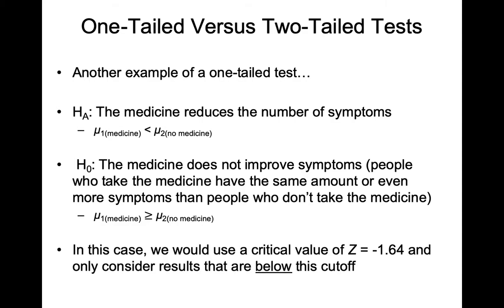In this case, we're going to use a critical value of negative 1.64 and only consider results that are below this cutoff because we're looking for a reduction from average, lower than the mean, less than the mean. And it needs to be less than the mean by a significant amount, such that when converted to a z-score, we get a z that is even lower, more extreme in that direction than negative 1.64.